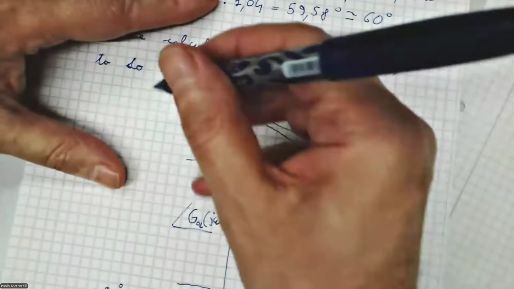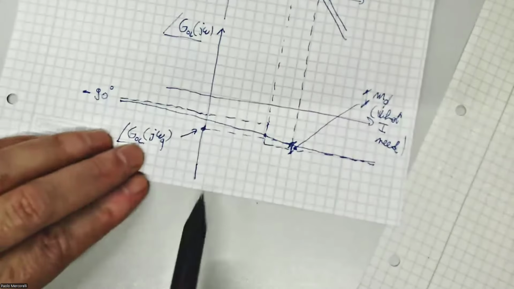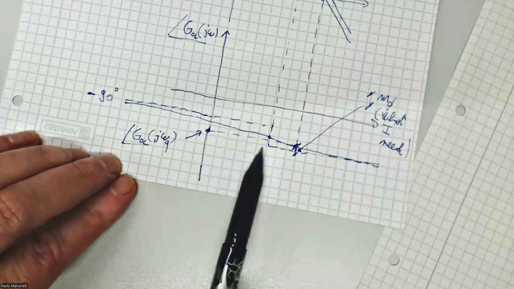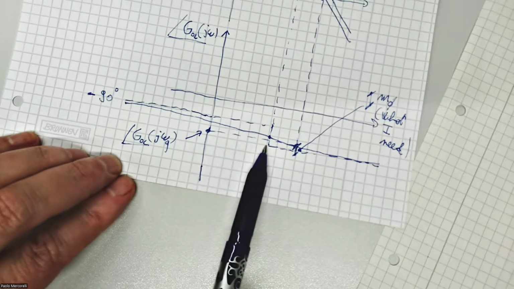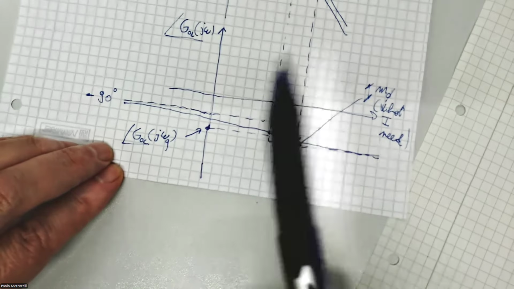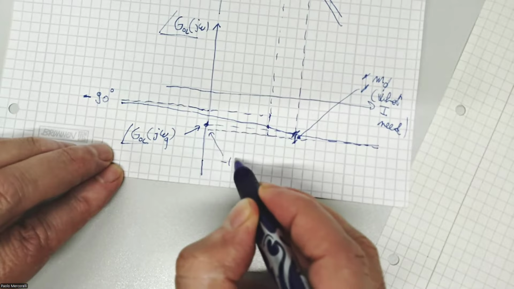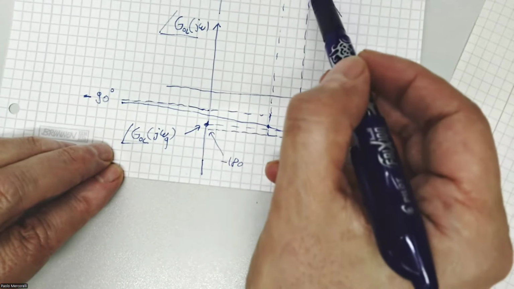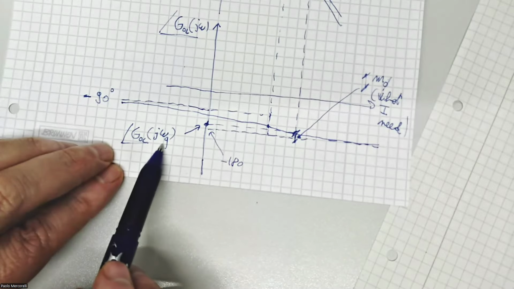Then we can see I defined implicitly the phase margin, which is the difference between our critical phase, which is minus 180, and the phase at omega g of my open loop transfer function.